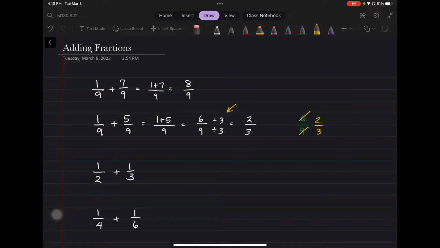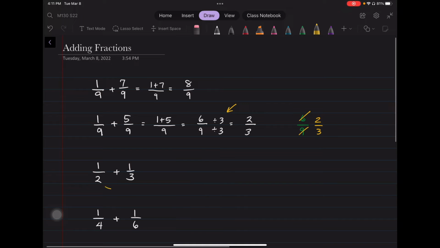So what I want to do is find a common denominator. I want to find a number that both 2 and 3 are factors of, so that I can then multiply these fractions to make them have a common denominator. Now, 2 and 3 are relatively prime. They don't share any numbers.